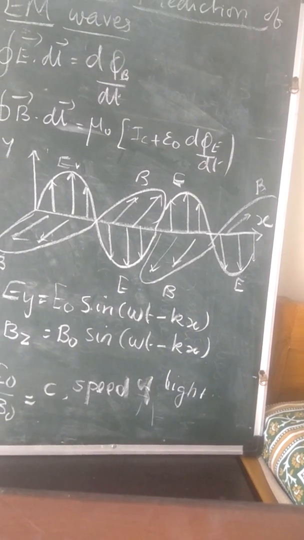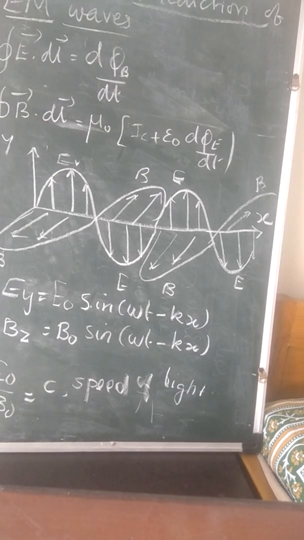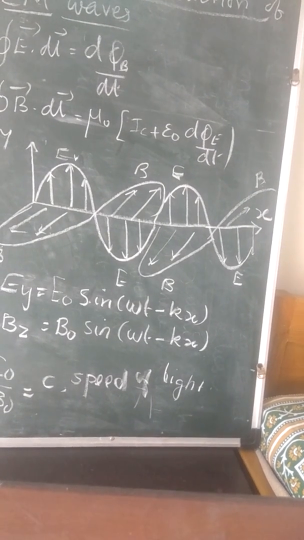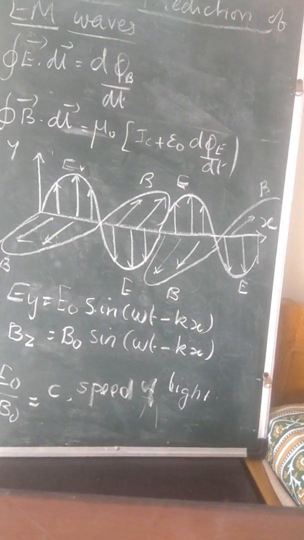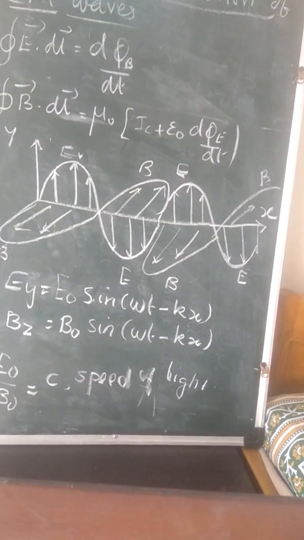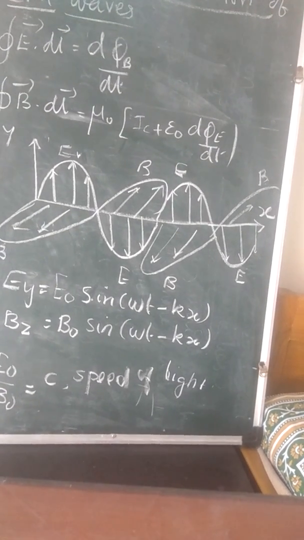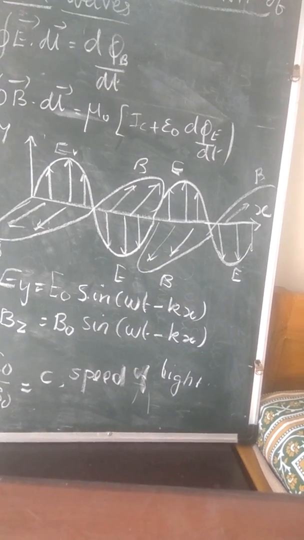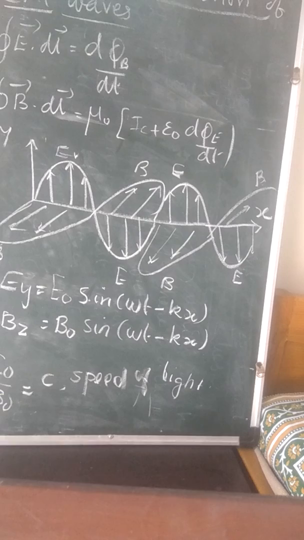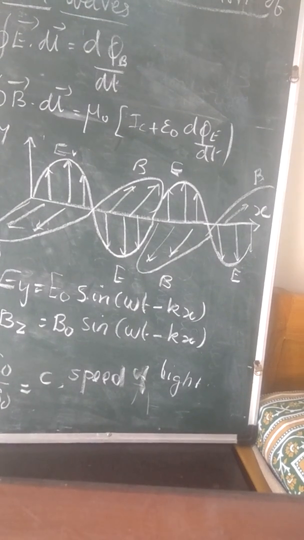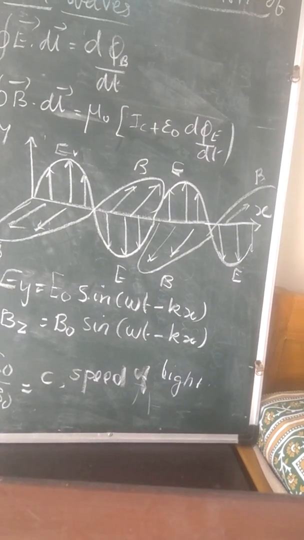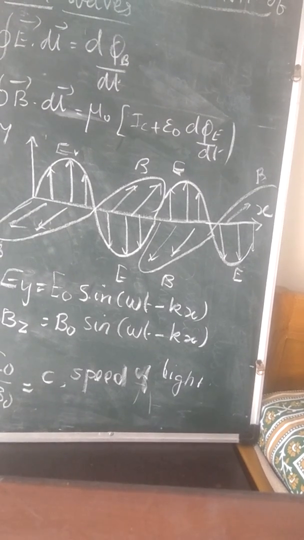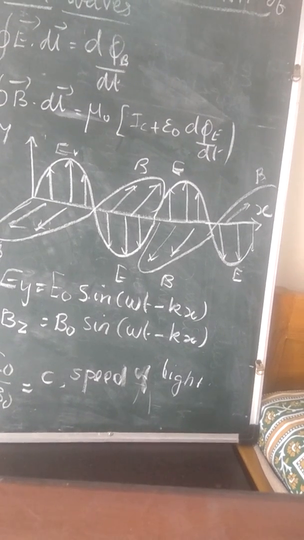In 11th standard you have learned about the plane progressive wave. The plane progressive wave equation is y = a sin(ωt − kx), or you can write y = a sin(kx − ωt); both are allowed. But here we are using the same formula to represent electric and magnetic fields along the y and z axes respectively.